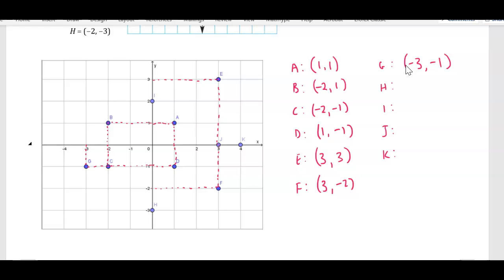H is on the line, so it's going to be 0 and -3. I is also on the line, so it's going to start with 0, 2. And then J is on the line at x equals 3, so it's 3, 0. And K is at 4, 0.